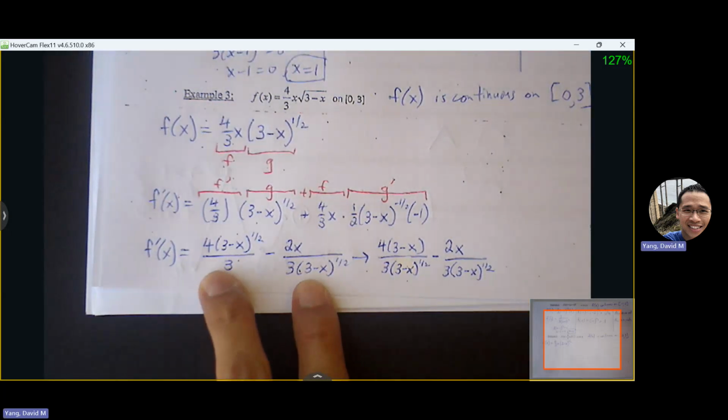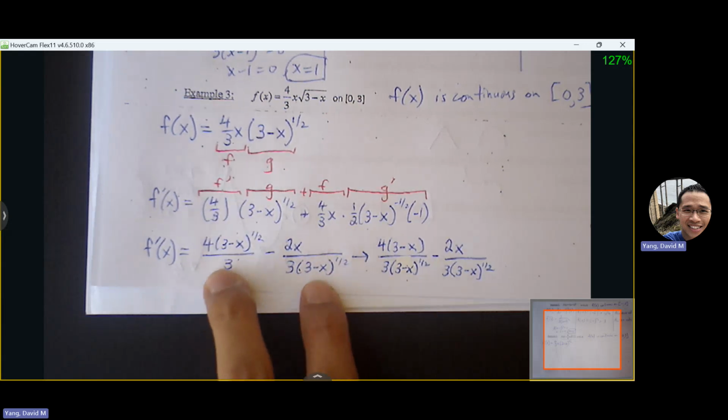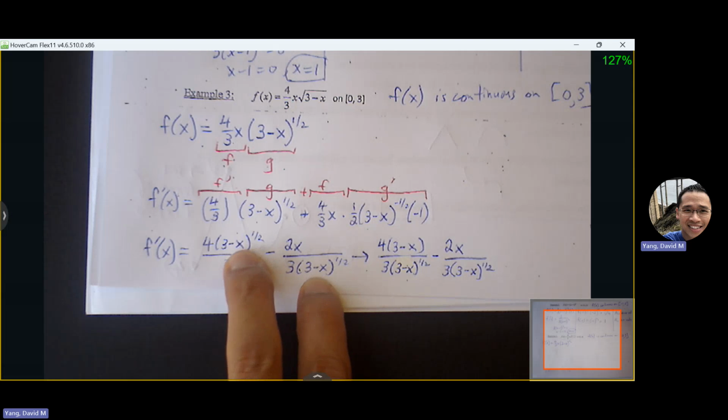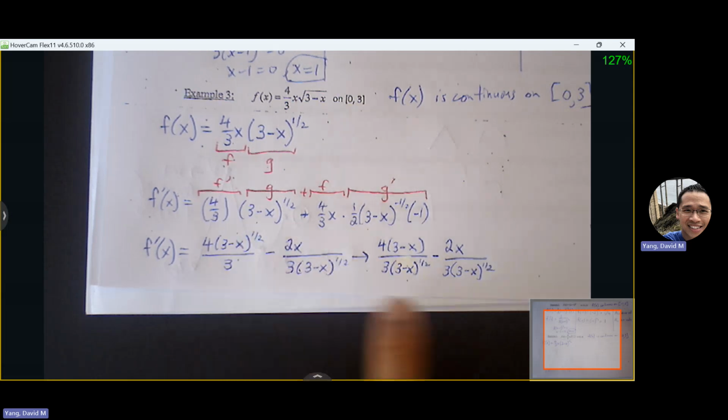So here's my separate fractions. They don't have the same common denominator, so my common denominator is going to be 3 parentheses 3 minus x to the 1/2. So I need to balance this first fraction with the 3 minus x to the 1/2 up top. So square root times square root, I'm just left with that expression without the radical.